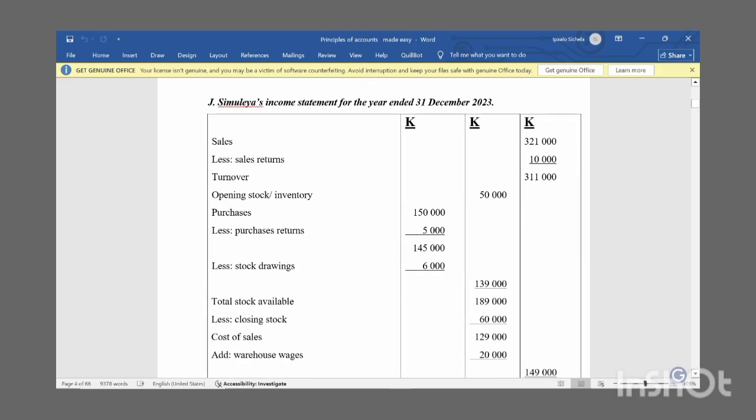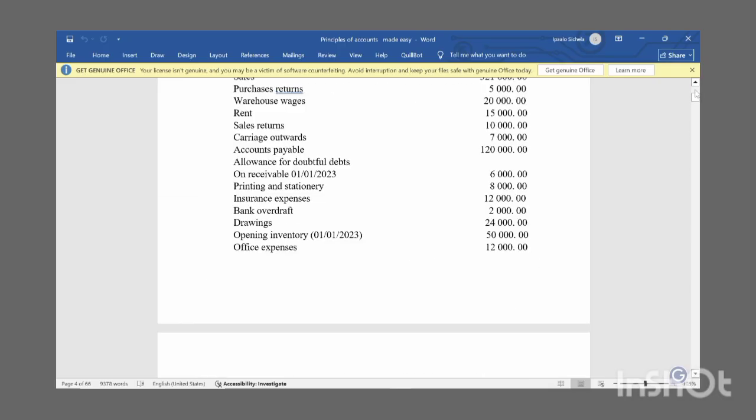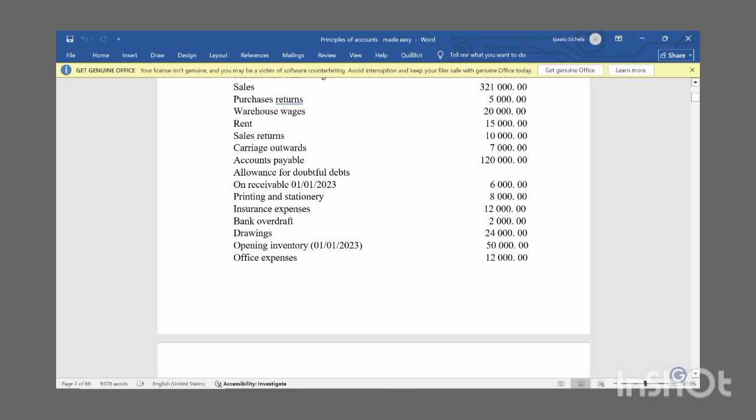Then once you record sales, the next thing you're going to ask yourself is, is there sales returns? We need to check the information. Yes, there's sales returns. How much is it? 10,000. So what do we do with sales returns?